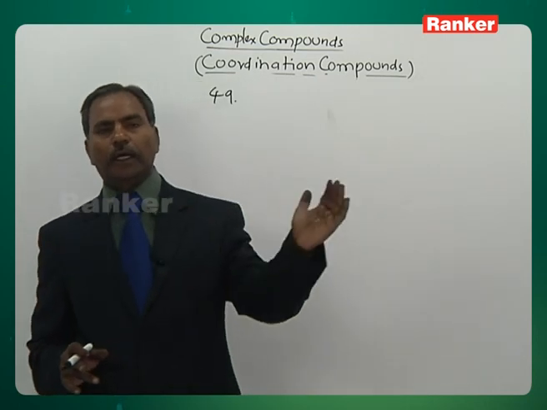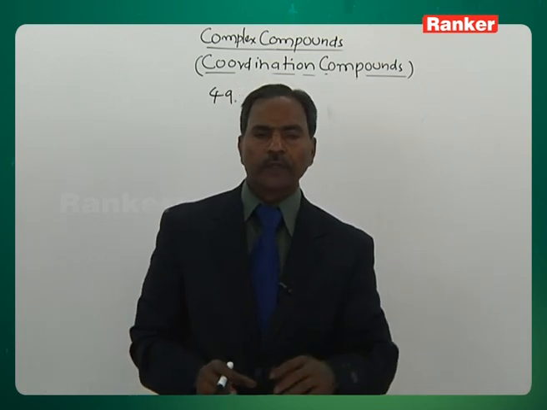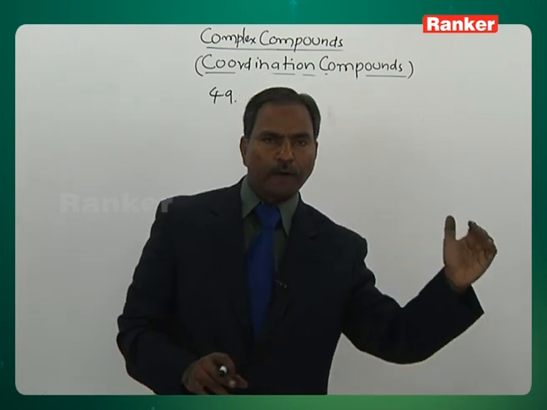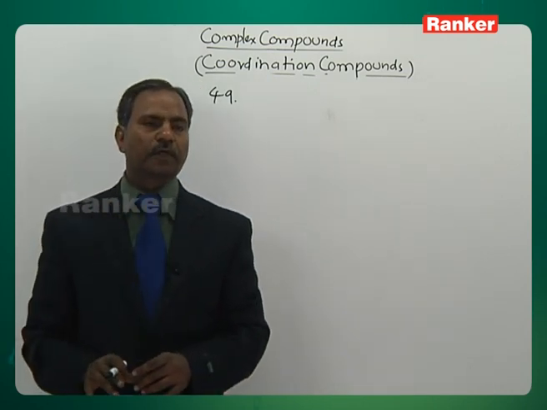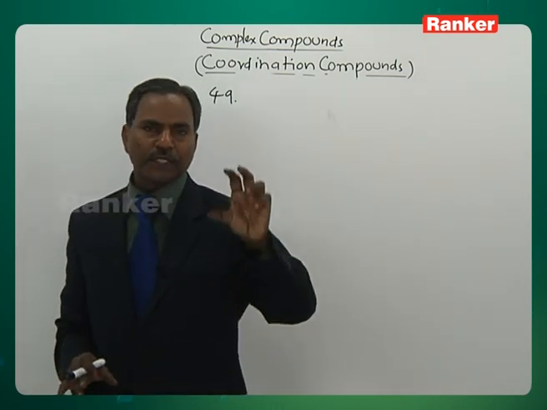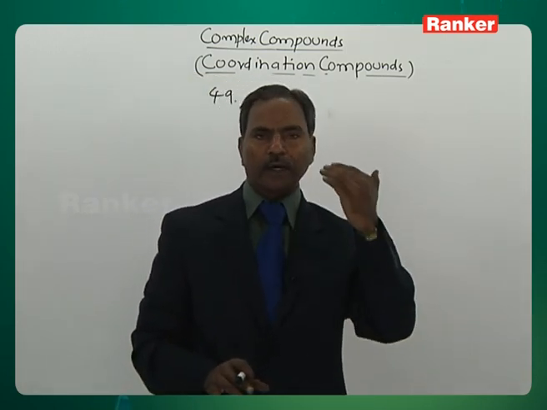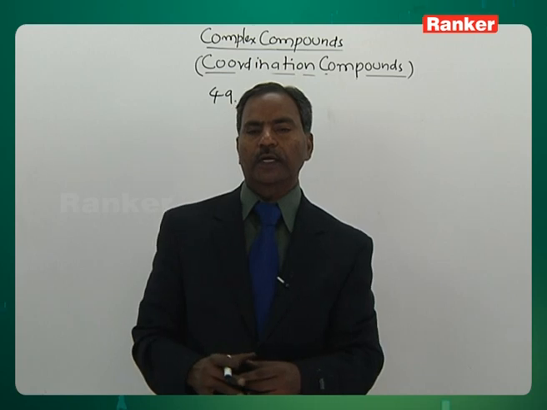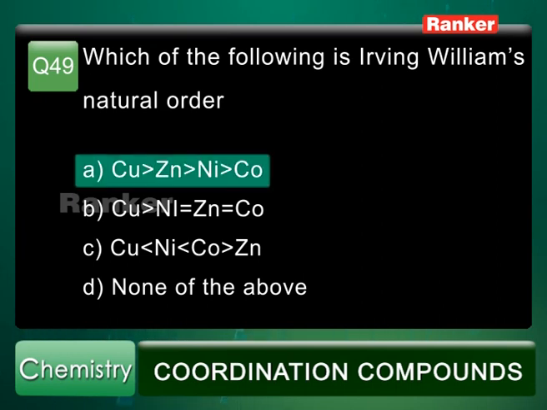According to the Irving-Williams order, when the ligand is the same, copper complexes generally have greater stability than the other 3d series elements. This is the natural order of stability of complexes. So option A, copper more than zinc, zinc more than nickel, nickel more than cobalt, is the correct answer for question number 49.